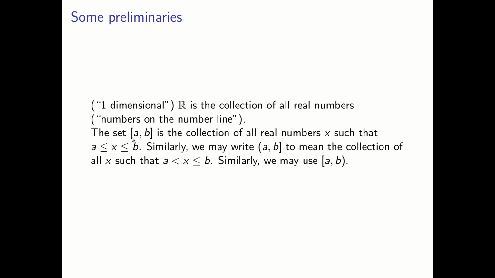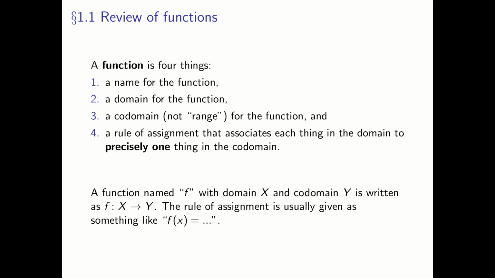When I write this notation, I mean a line segment, and the fact that I'm using these square brackets indicates that I'm including the endpoints in my interval. If I don't want to include an endpoint, I'll put a parenthesis there. You should be used to these things, but I just want to make sure we're all on the same page. This notation will be present throughout the whole class.